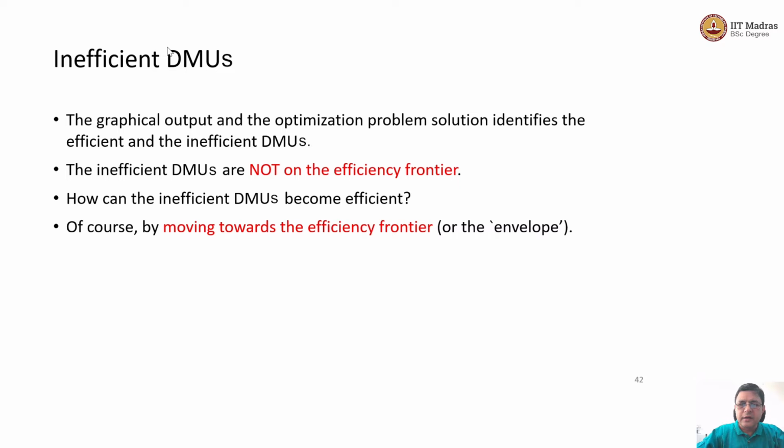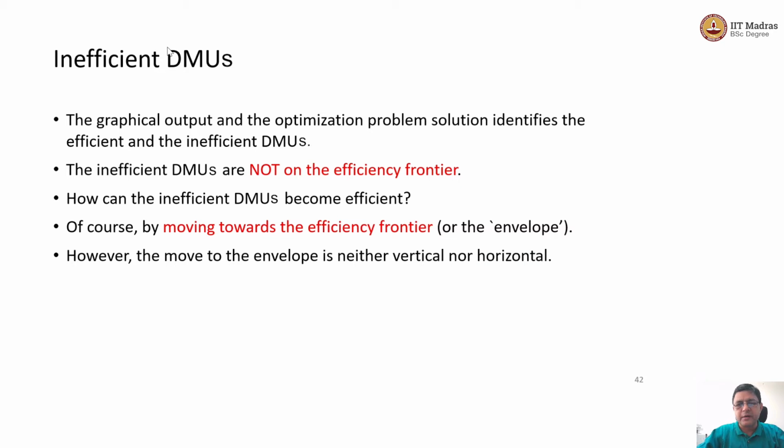However, the movement towards the envelope or the frontier is not vertical or horizontal. I'll explain that in the next slide. The movement of the inefficient DMUs towards efficiency is neither vertical nor horizontal.